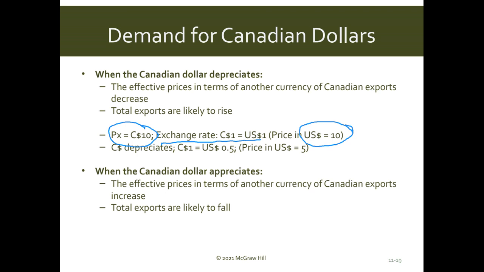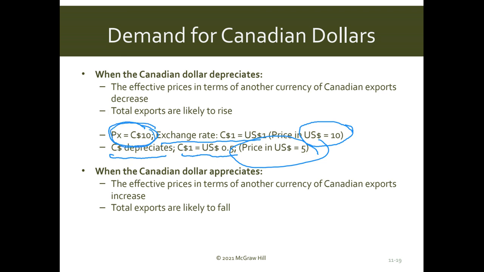Now I'll change the exchange rate and see what is happening. Suppose Canadian dollar depreciates, and now one Canadian dollar is equal to only 50 US cents, or 0.5 US dollars. So the value of Canadian dollar decreases. Now see what is happening. These US citizens now have to pay only $5 for this product. Why are they now paying $5?